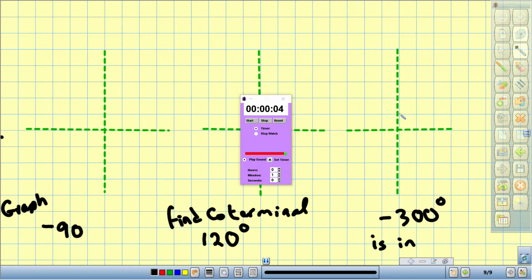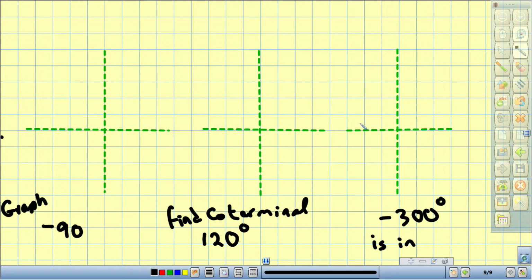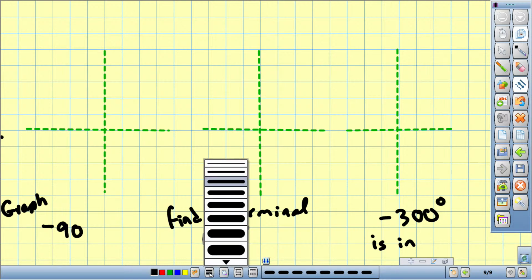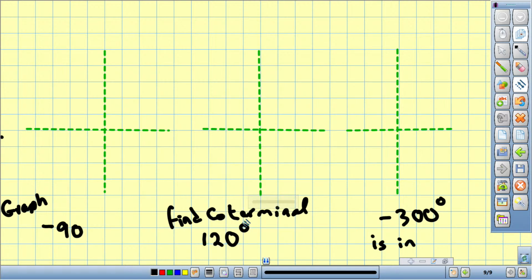Okay. What's the first thing we need to graph? If I were to give you a hint, it lives on top of some axis here. What is that thing called? I'll put that on top of the axis. What's that thing called?